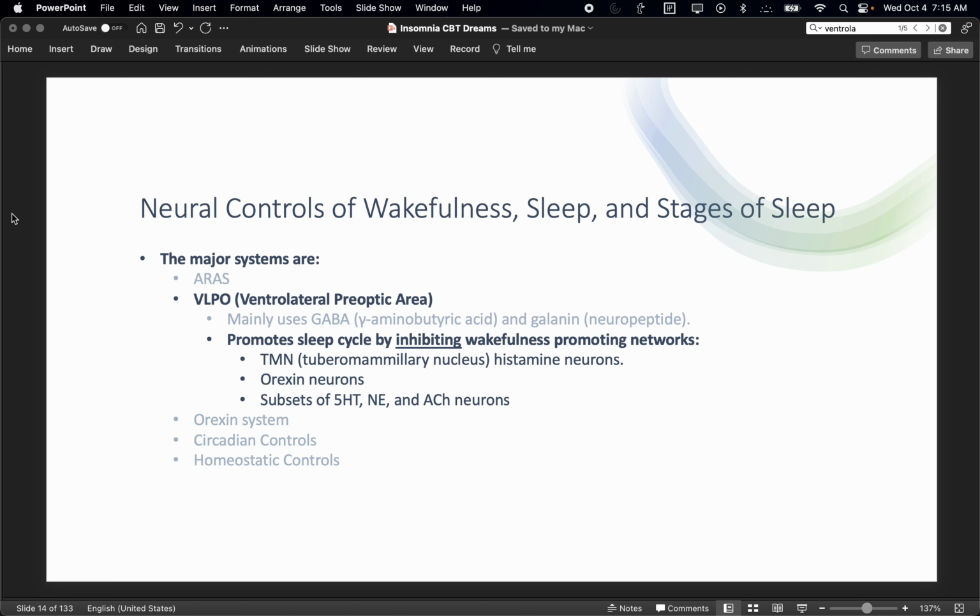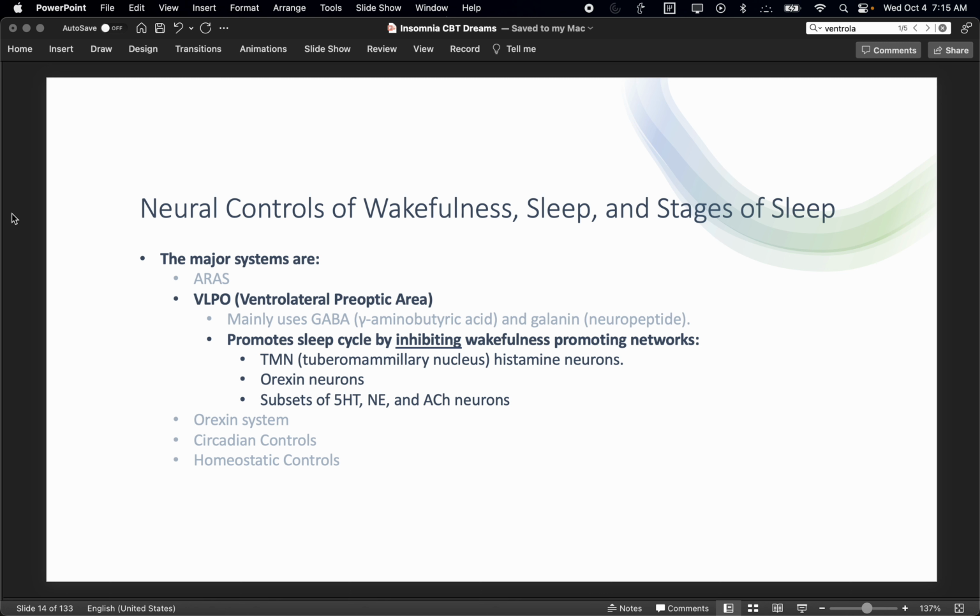So they promote sleep by inhibiting the other neurons that are being affected by ARAS plus orexin. Histamine is a big thing that promotes wakefulness in the brain. So to promote sleep, the VLPO, through GABA, will be inhibiting the TMN histamine neurons.